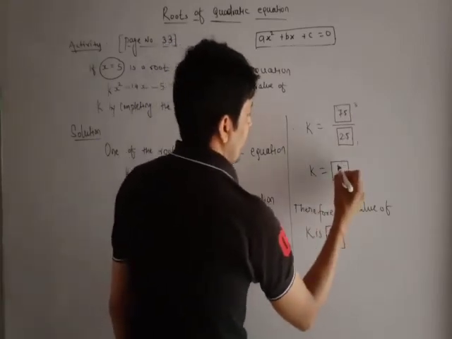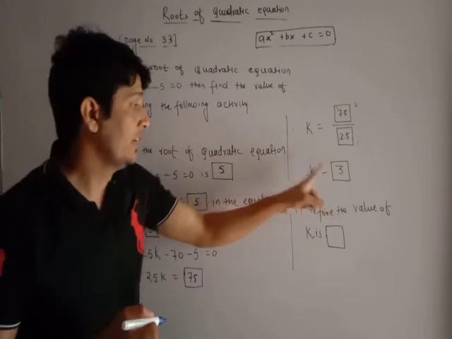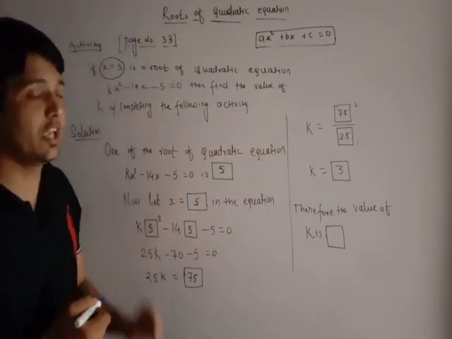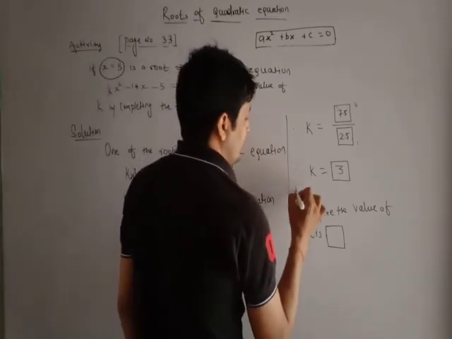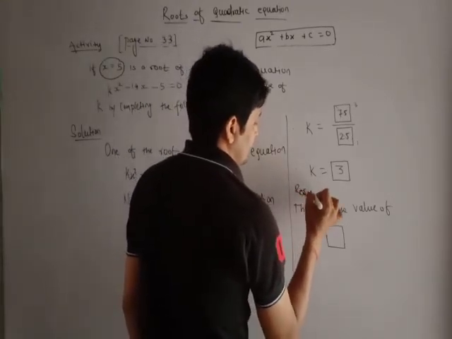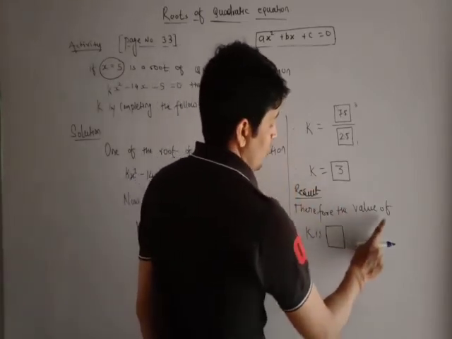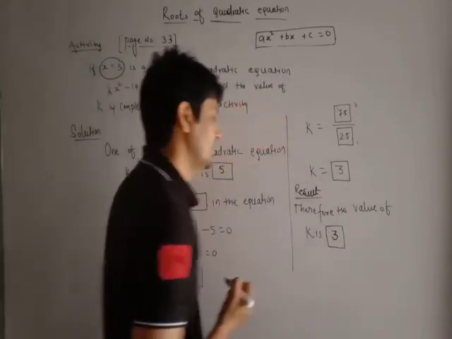So the value of k is 3. Therefore, the value of k is 3.